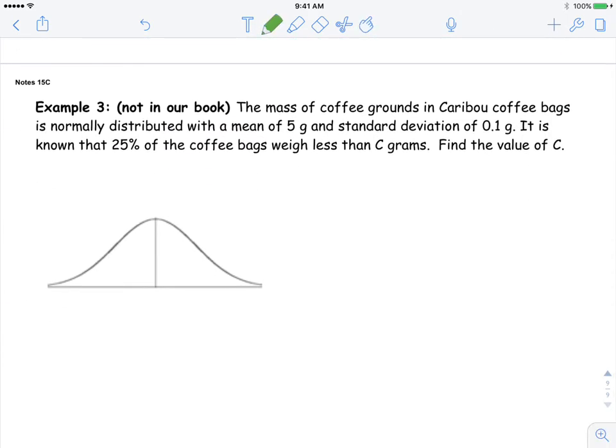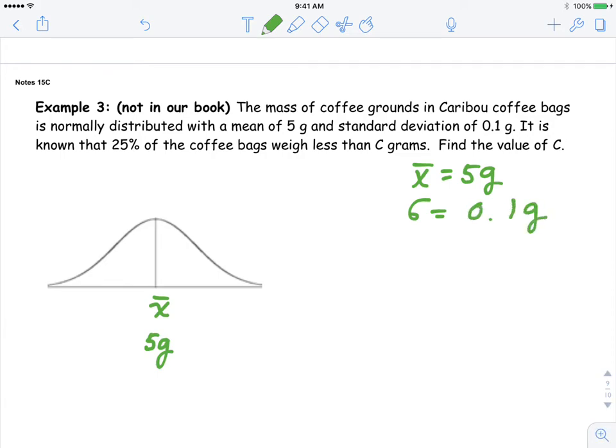Here's another example. So the mass of coffee grounds in Caribou coffee bags is normally distributed with a mean of 5 grams and a standard deviation of 0.1 grams.